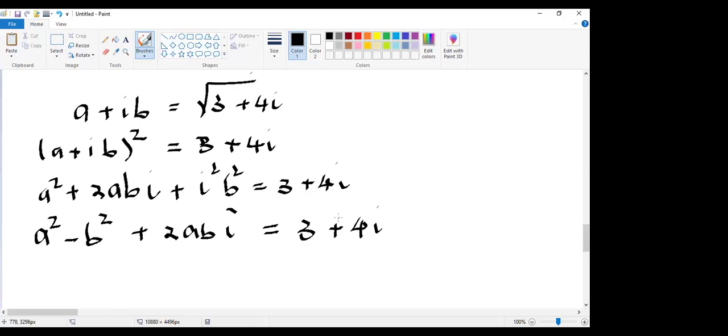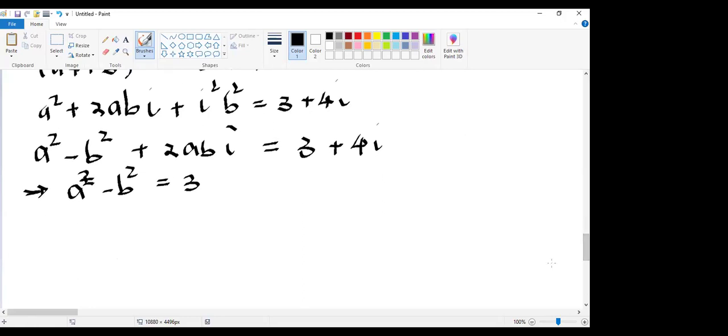Then I used comparison, and I had a squared minus b squared equals 3, and also 2ab equals 4.